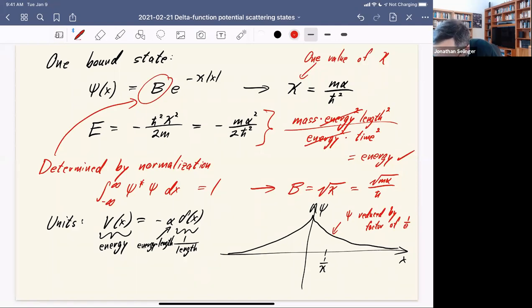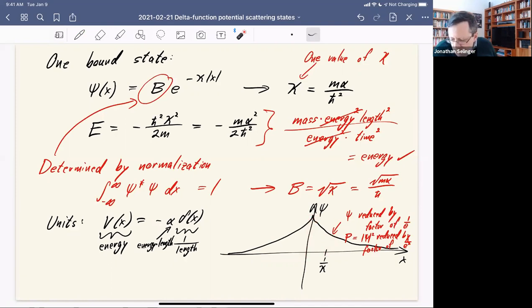And so that means that the probability density, which is psi squared, is reduced by a factor of 1 over e squared. So that means that the probability of being at a distance, in a little interval of distance around here is about 1/6 of the probability of being in a little interval of distance around there.